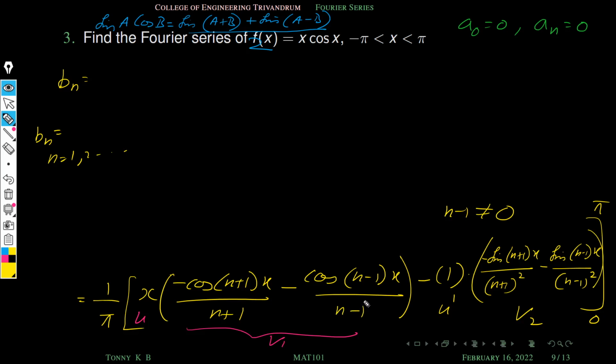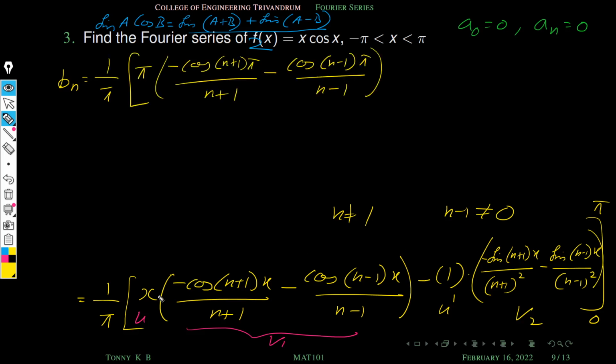We know that when the denominator is 0, the term is not defined. So this integration is possible only when n is not equal to 1. We can evaluate bn using this expression only for n equal to 2, 3, etc. We have to evaluate b1 separately.